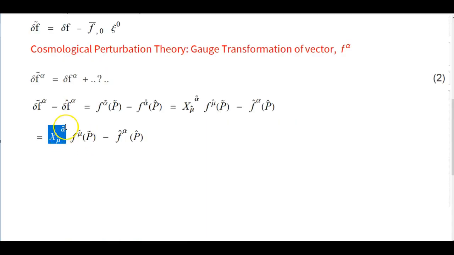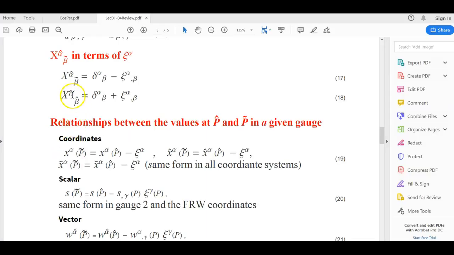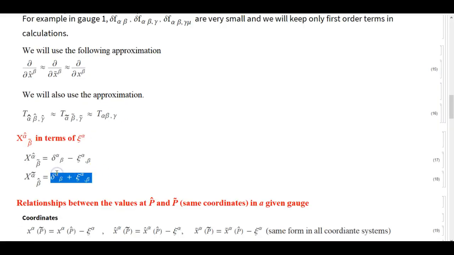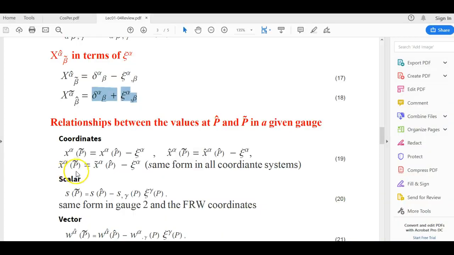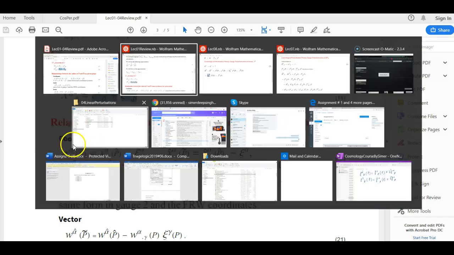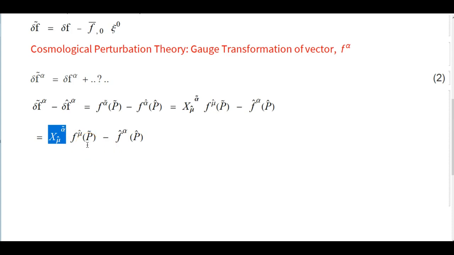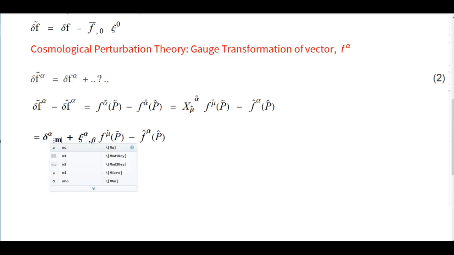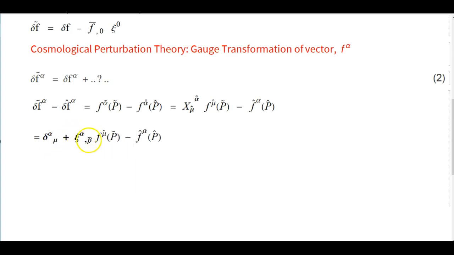So this is tilde on top and caret bottom. Tilde top caret bottom is this. So alpha top, mu bottom. This is mu.